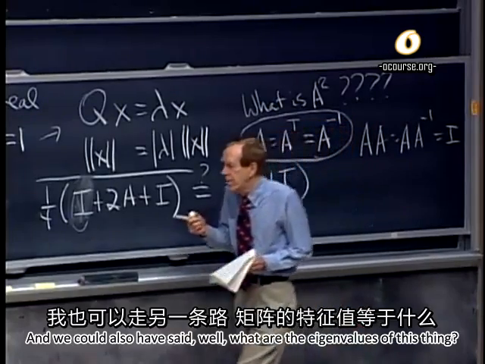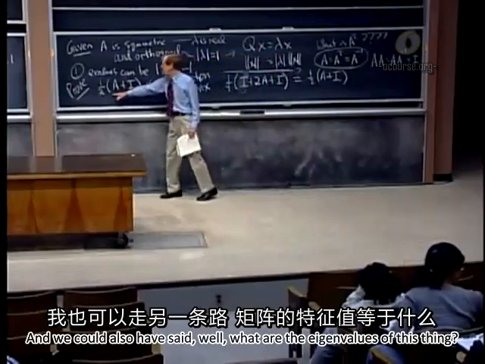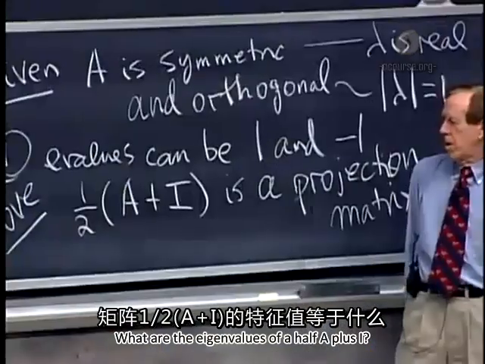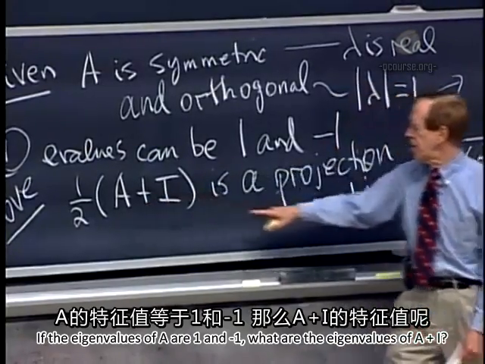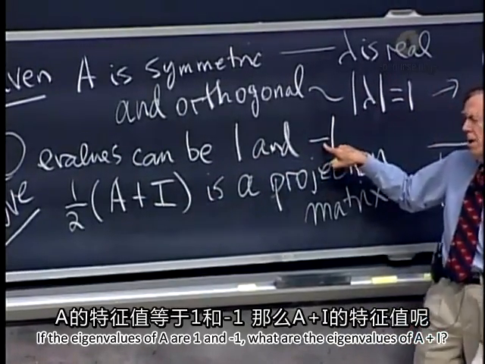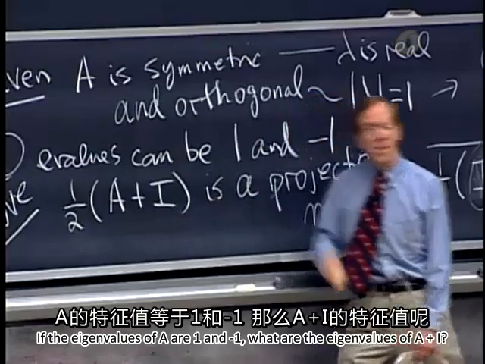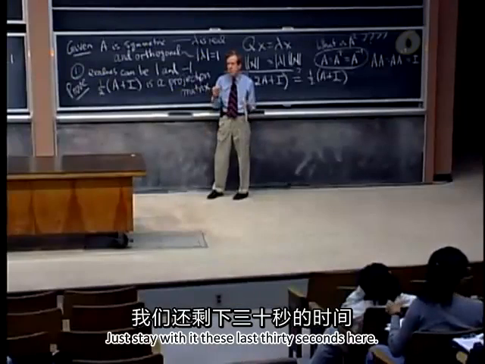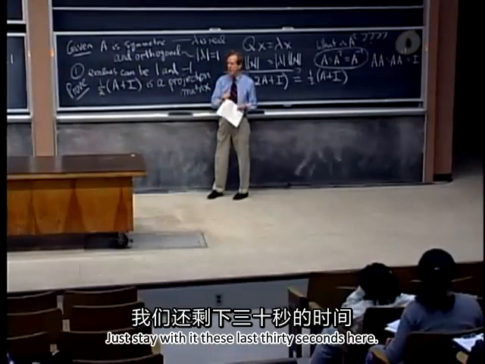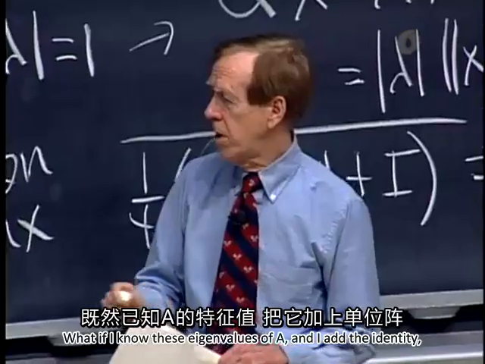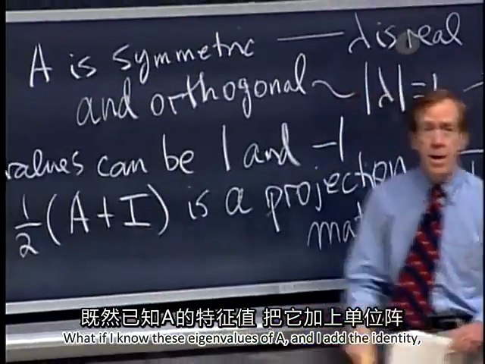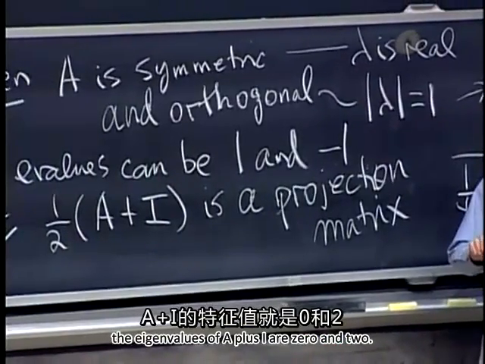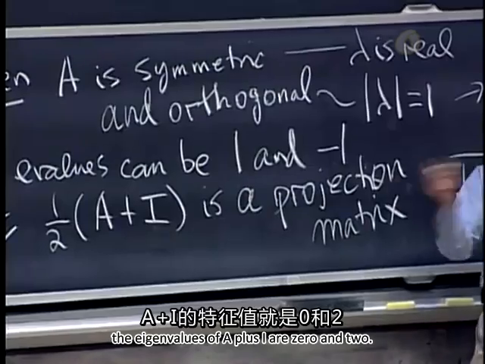And we could also have said, well, what are the eigenvalues of this thing? What are the eigenvalues of a half A plus I? If the eigenvalues of A are 1 and minus 1, what are the eigenvalues of A plus I? Just stay with it this last 30 seconds here. If I know these eigenvalues of A and I add the identity, the eigenvalues of A plus I are 0 and 2.